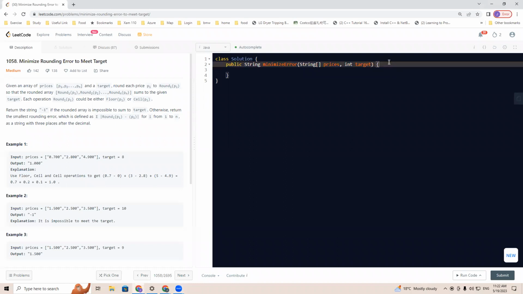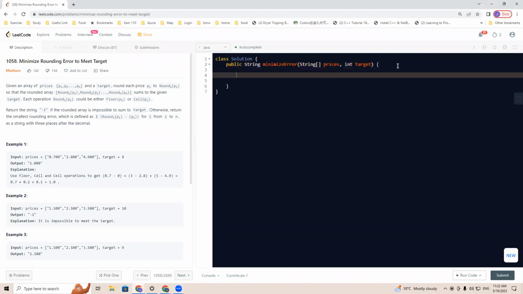For each price, it can either be rounded down or rounded up, or let's say ceil or floor. For all of the prices, if we all use the ceil function, we'll get the maximum sum, and if we all use the floor function, we'll get the minimum sum.